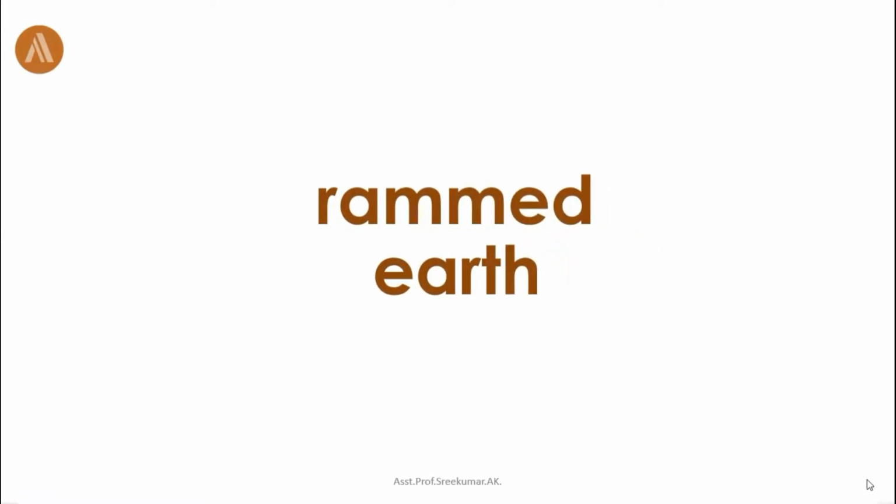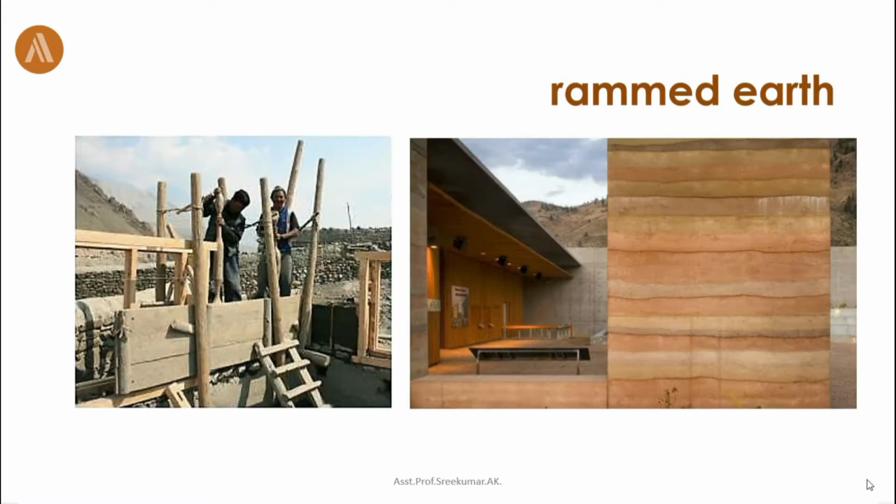It's the rammed earth. On all five continents, rammed earth has been well known for centuries as a traditional wall construction technique. In fact, rammed earth foundations found in Assyria date back as far as 5000 BC.